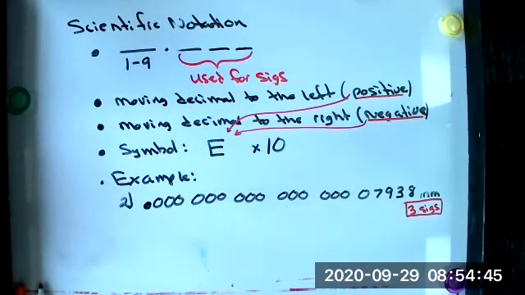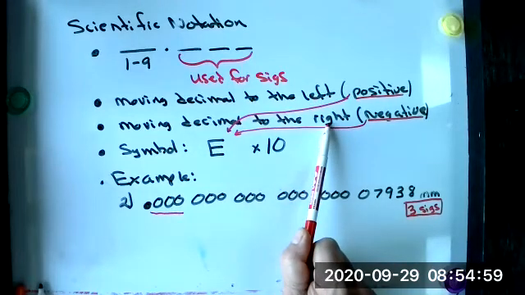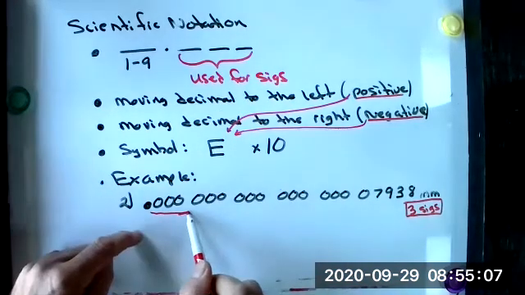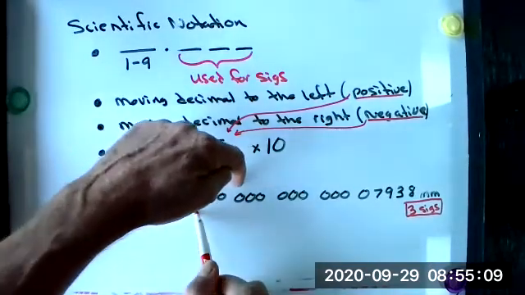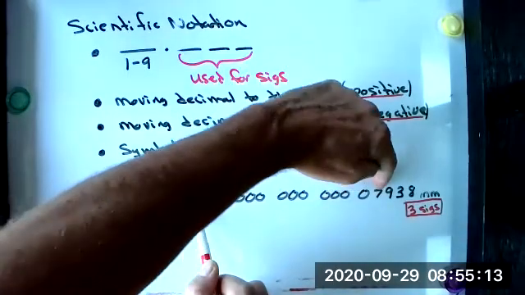Now you're moving it to the right. The rule changes. When you start moving it to the right, it's not the last number 1 through 9 you're looking for. That's only when you move it left. You move it to the right, you are now looking for the first number 1 through 9. So if I ever start moving to the right, I start scanning and I find that very first number 1 through 9, and there it is.